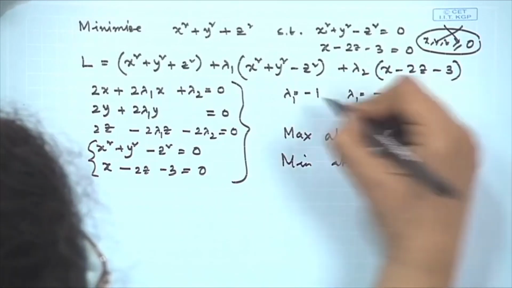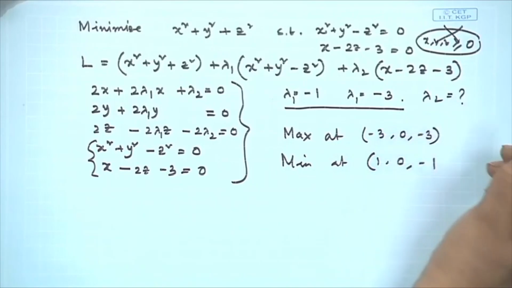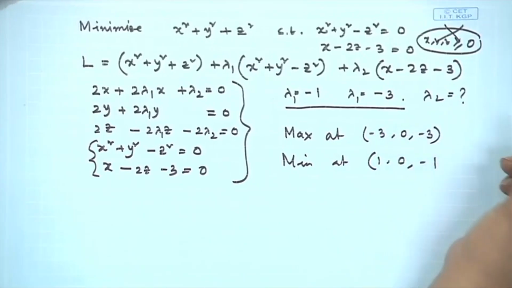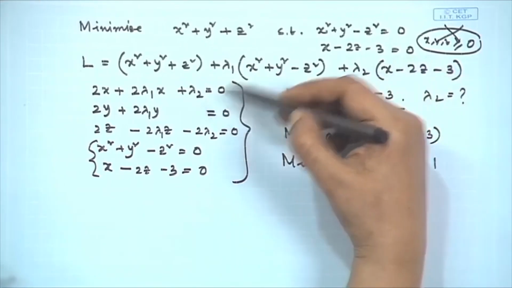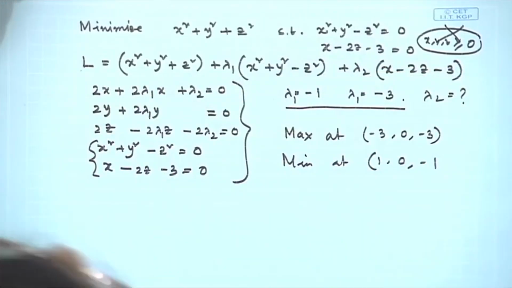Only you need to check, after getting the value of lambda 1 and lambda 2, whether we are dissatisfying the constraints or not. That is the check you have to do. If the constraints are not being satisfied, that means you are out of the feasible space. The corresponding combination of lambda 1 and lambda 2 you will not consider.